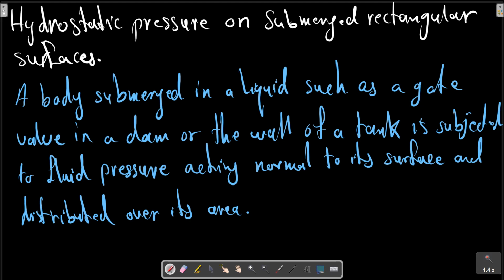Consider the special but common case of action of hydrostatic pressure on the surface of a rectangular plate submerged in a liquid, shown in this picture.